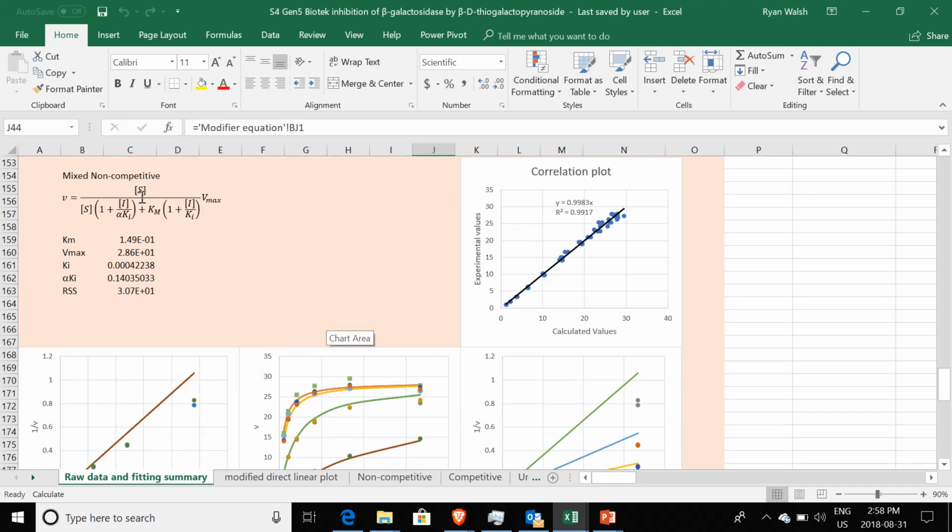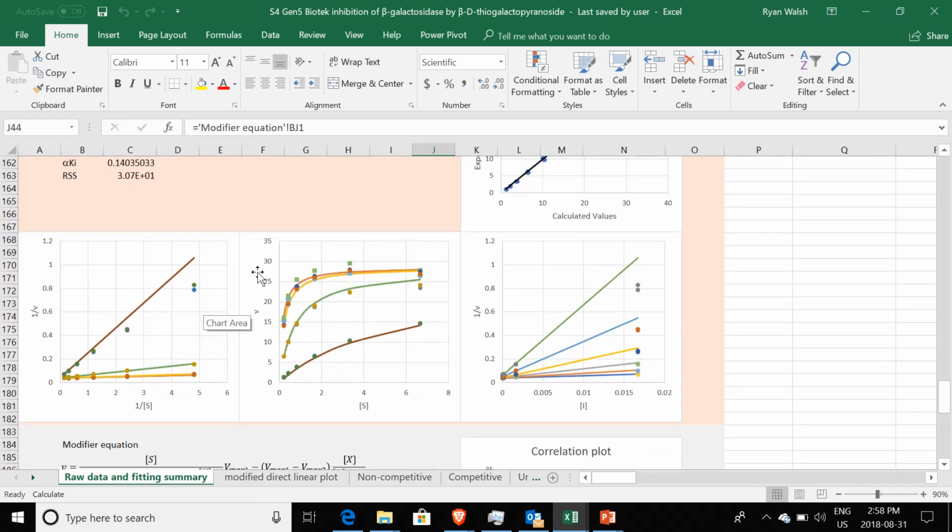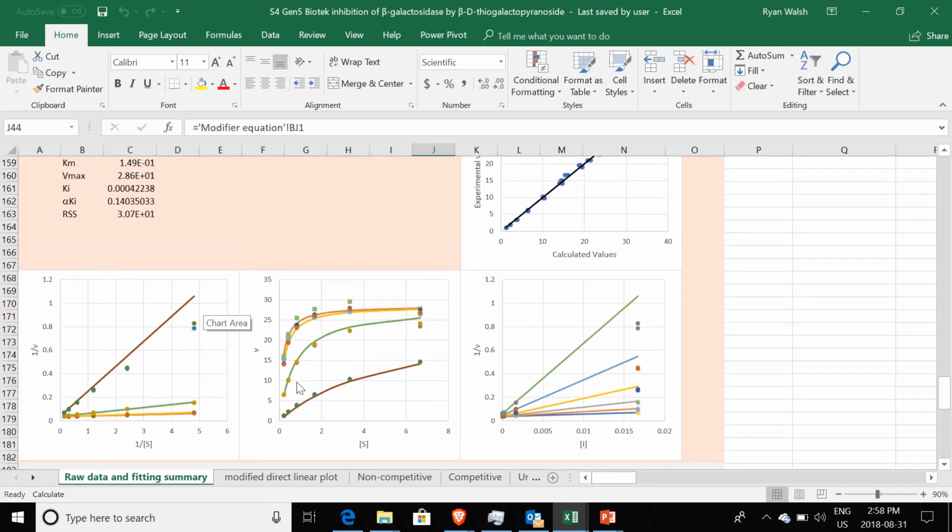And then you have mixed non-competitive, which fits almost as well as, I think a little bit better than competitive, but similar results. You can see it seems to fit very well in just the direct plot, but in the double reciprocal, you can see that the high inhibitor concentration doesn't really fit with this data.